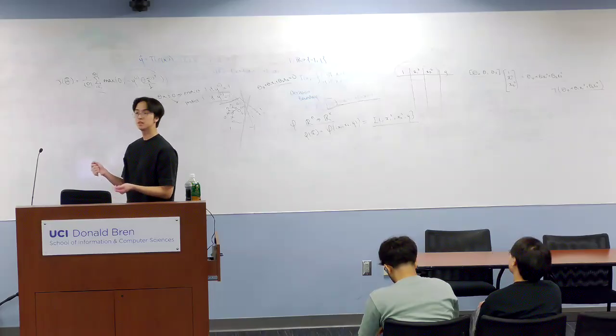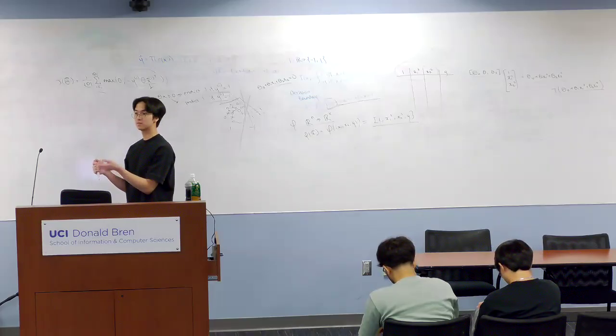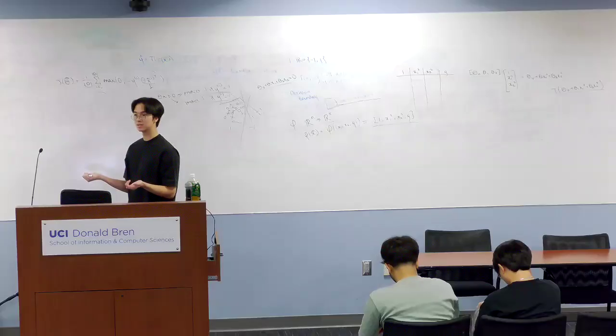My gradient descent is theta minus alpha, the step size, times the gradient. If my gradient is always 0, then theta minus alpha times 0 is just theta. In other words, I'm never performing an update.